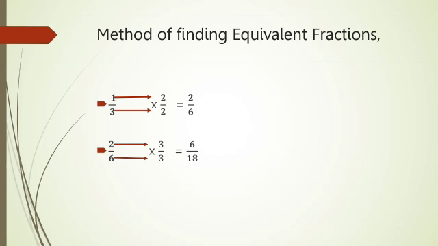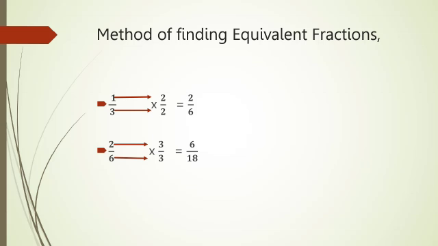Our first fraction is 1 over 3. We have to multiply numerator and denominator by the same non-zero number. Here first fraction is 1 over 3. When we multiply 1 by 2, it will become 2.